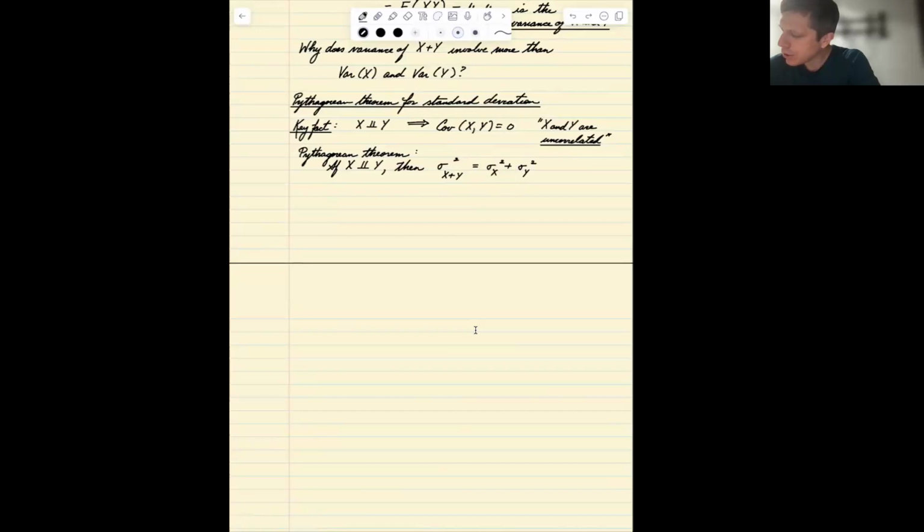Right? So this holds, in fact, as long as the covariance is 0.